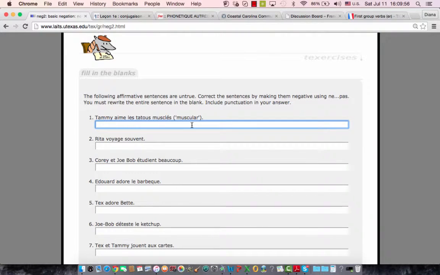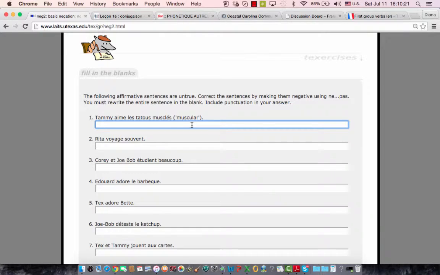Better yet, let's practice together. That would be probably our first entire practice. Alors, Tammy aime les tatous musclés. Let's say Tammy likes the muscular armadillos, right? Because her boyfriend is an armadillo. Let's say Tammy does not like the muscular armadillos.